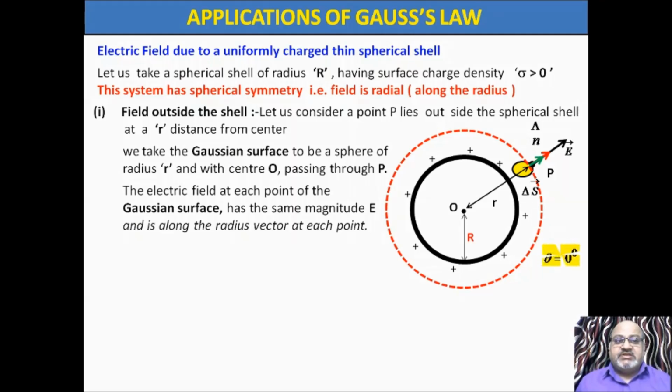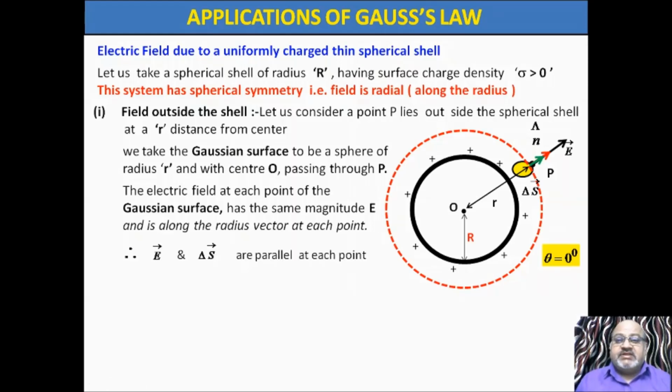So what is the result? Here theta is 0 degree. That is, the angle between delta S vector and electric field intensity is 0. Angle between delta S vector and unit vector is 0. So theta is 0.